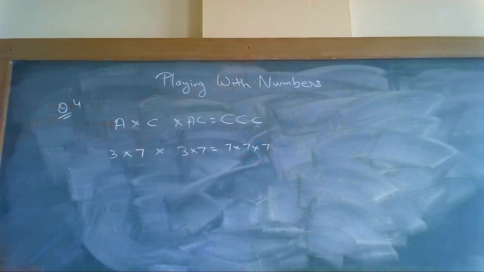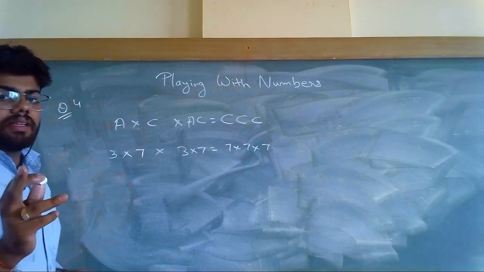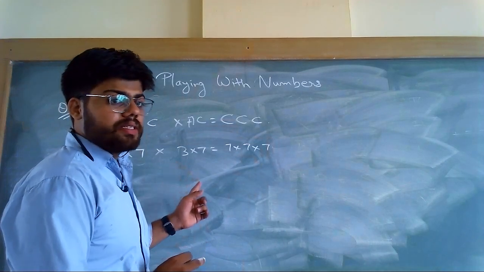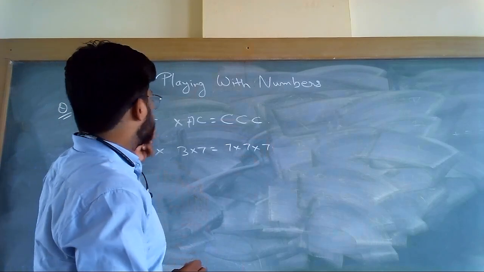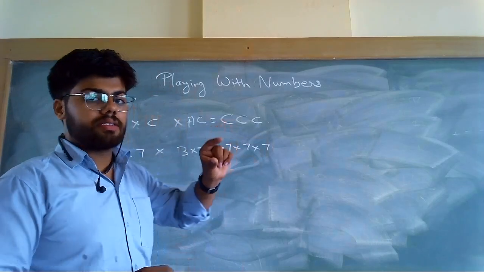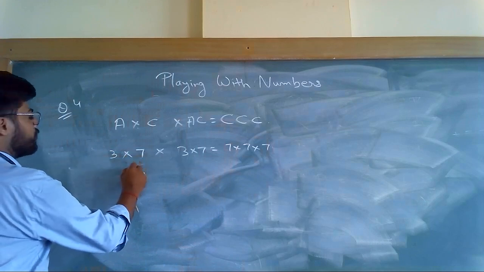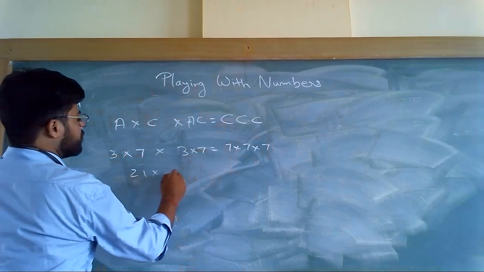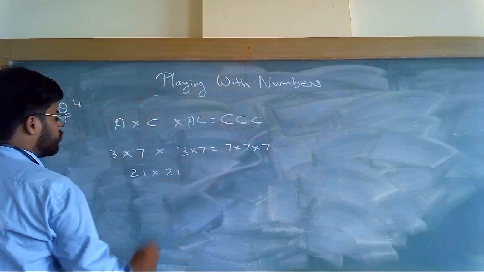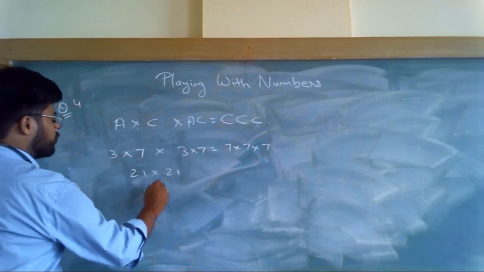Now look at the answer. He said different digits are there. That's why I don't take the same digits. If you say I take 1, both are the same, but you said different digits. So I have to take the different one. If I take this one, 3 sevens are 21, and 3 sevens are 21. 21 into 21 is 441.